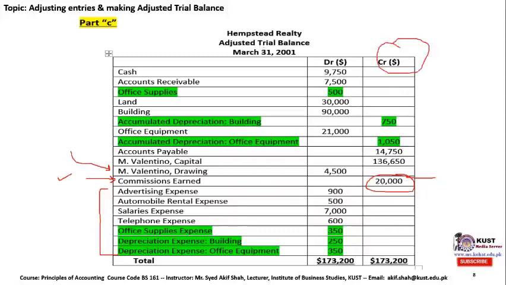So for showing this balance as zero in the commission earned account, we have to give a corresponding debit entry to the same title, commission earned. Otherwise, I can say that you have to reverse the expenses and revenue entries that are there in the adjusted trial balance in the closing entries. So let's see how to do those entries.